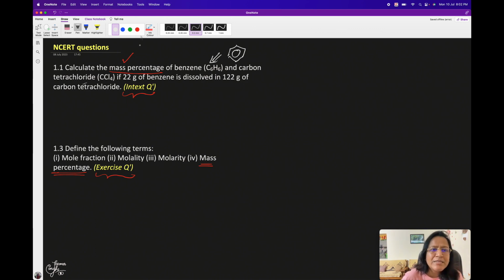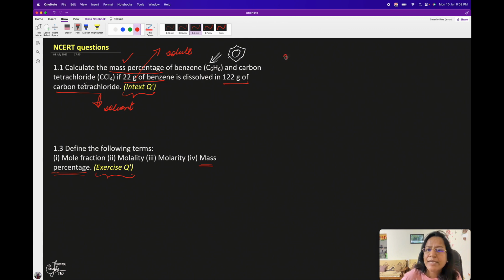Now benzene is given as 22 grams, whereas carbon tetrachloride is 122 gram. So more amount of carbon tetrachloride, we take it as solvent. Fine, and we take benzene as the solute.